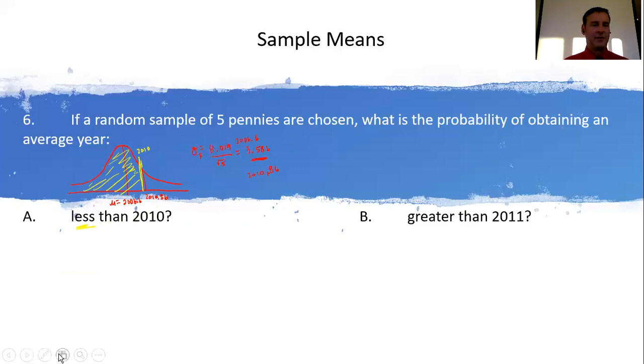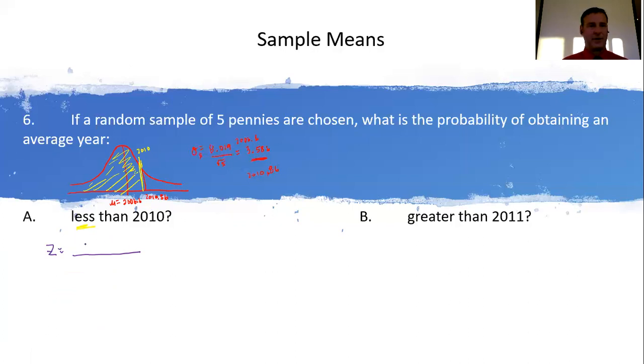What I'm going to do is a z-score. So z is equal to, from the formula that you had on the previous slide, it's similar to what you did back in the earlier chapters, but instead of an x, you have a sample of size 5, so you have an x bar.